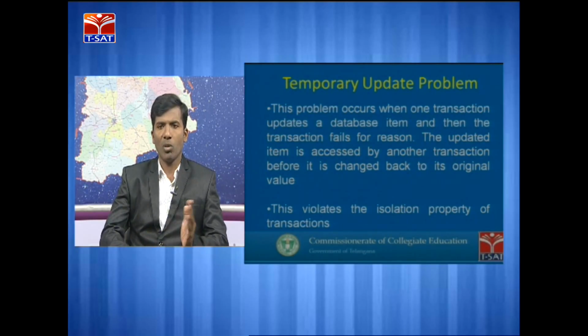So the update has not been reflected, and before actually reflecting it in the original database, the result has been given. This is nothing but a temporary update problem. This has to be handled carefully, because this is one problem which definitely gives 100% inaccurate data to the user if it is not properly handled.